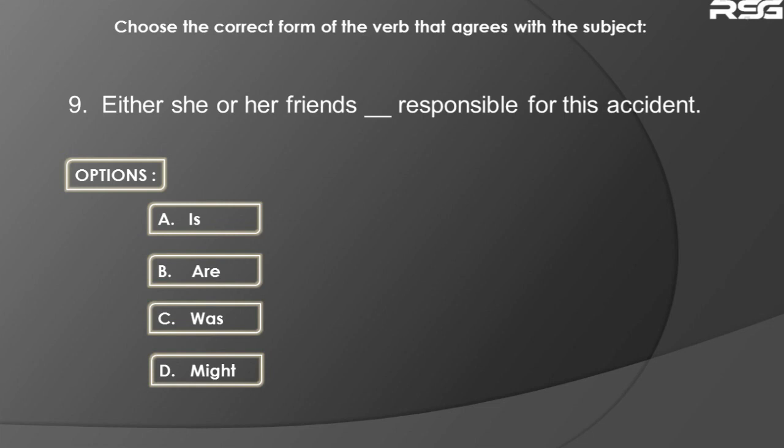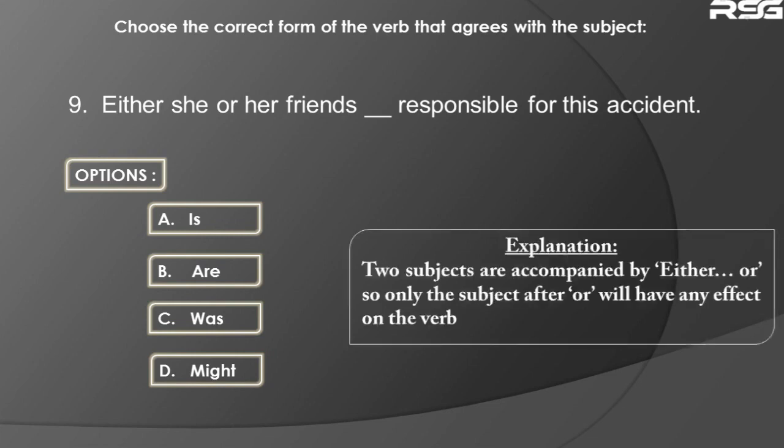What are those two subjects? The first subject is she, and the second subject is her friends. These two subjects are accompanied by either-or.